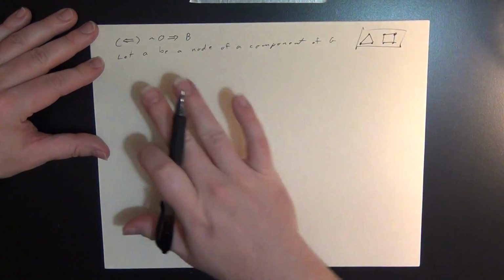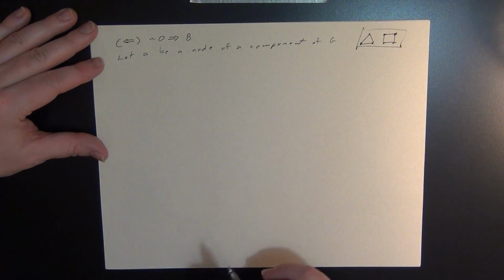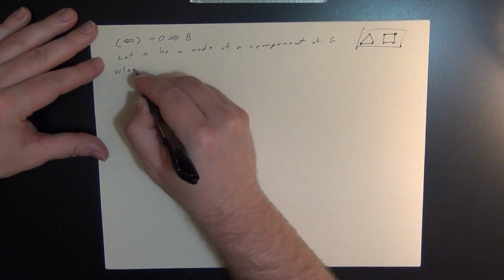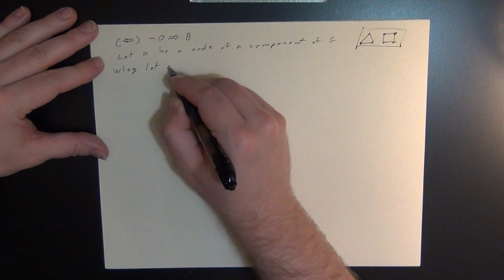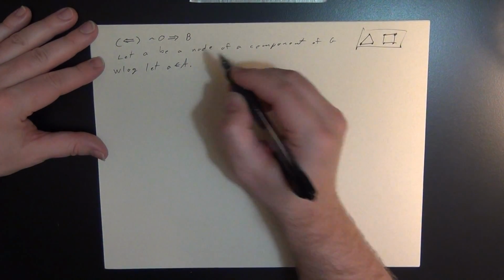So we're picking a connected component and picking a node of that. Without loss of generality, let A be a member of the first partition.